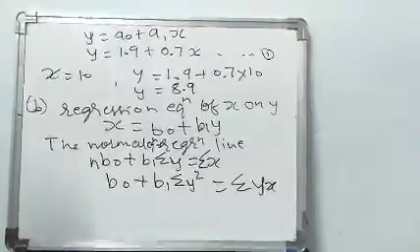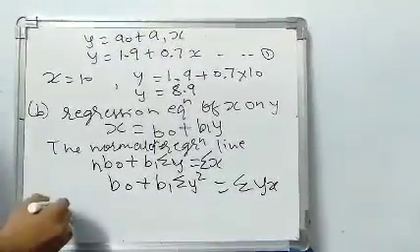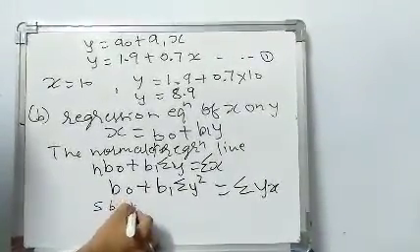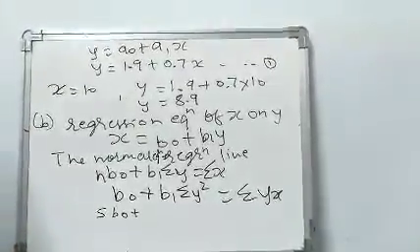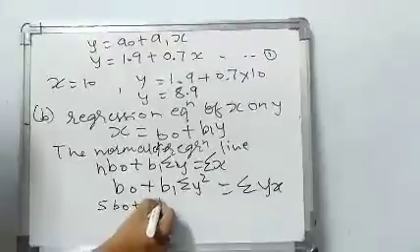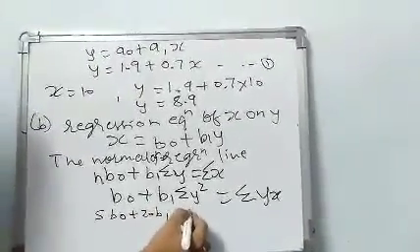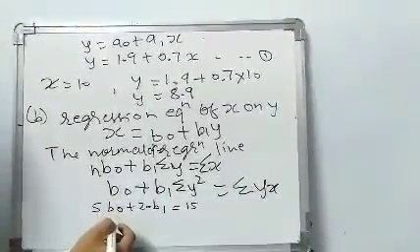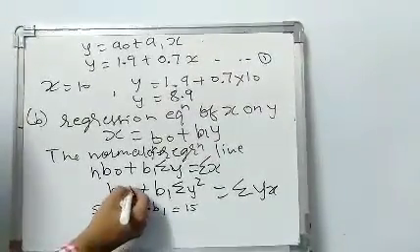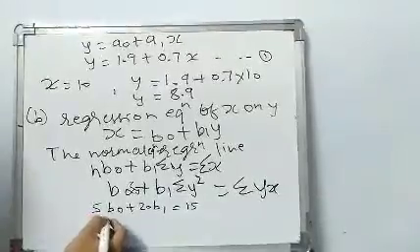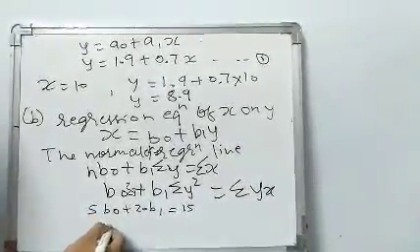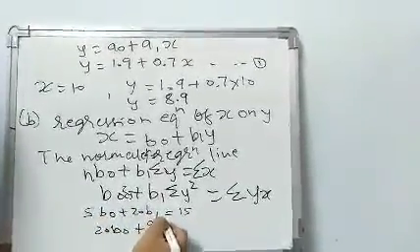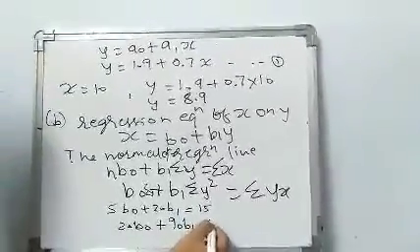Now, after substituting the summations, we get 5b0 plus the summation of y, that is 20 b1, is equal to the summation of x, 15. And 20 b0 plus 90 b1 is equal to 67.